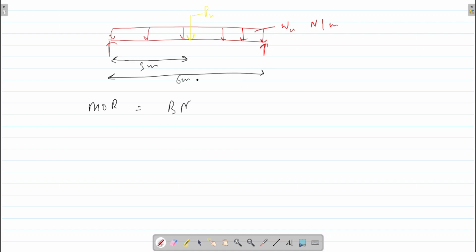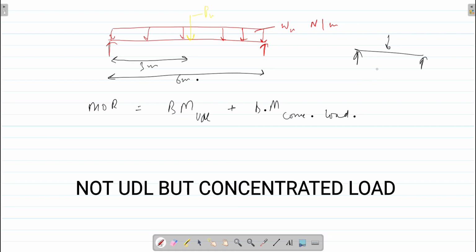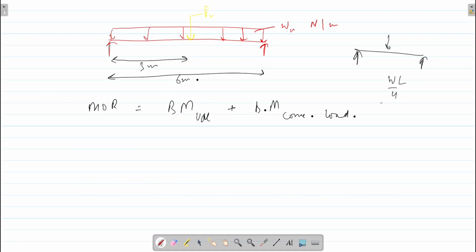There's no new concept in this. We'll just equate the MOR value with maximum bending moment due to UDL plus maximum bending moment due to concentrated load. When we apply a point load on a simply supported beam, the maximum bending moment value comes out to be WL by 4. So we'll add this to the previously calculated bending moment value.